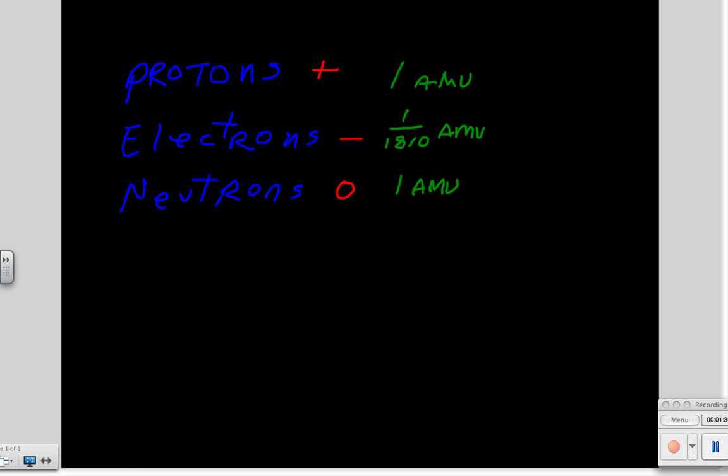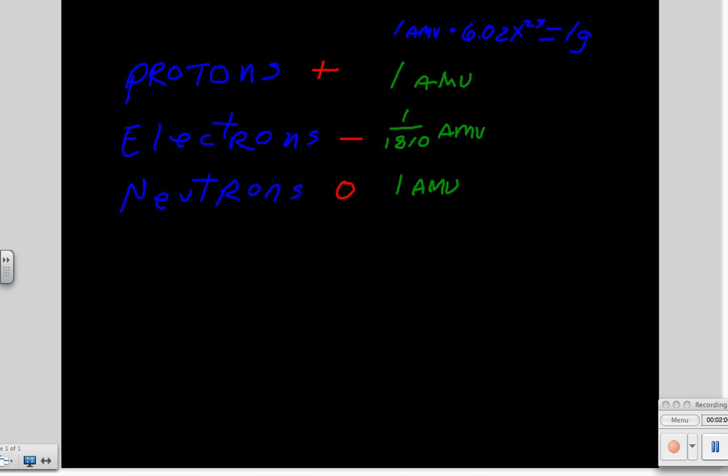But as we'll see later on in this course, if you take one atomic mass unit, 1 AMU, and multiply it by Avogadro's number, 6.02 times 10 to the 23rd, you end up equaling 1 gram.